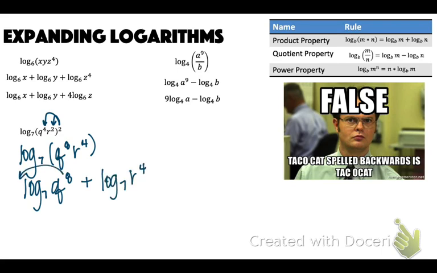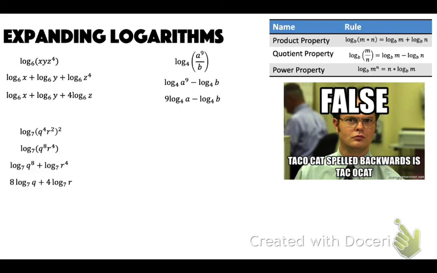And then I can move these to the front. So this is 8 log 7 of q plus 4 log 7 of r. Let's check. Perfect.